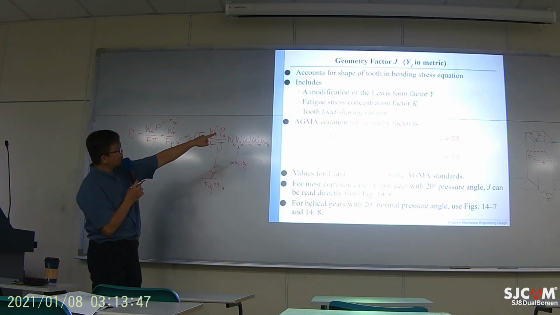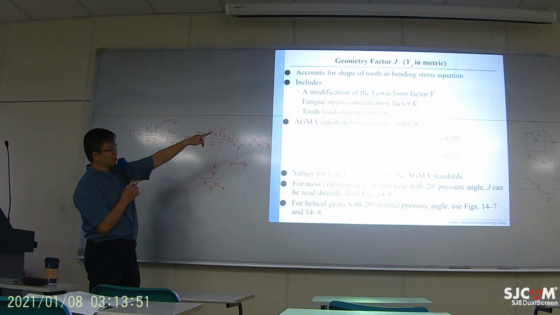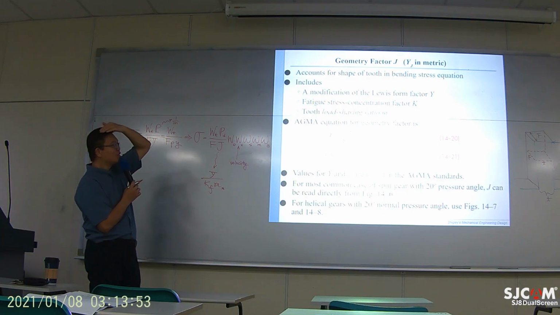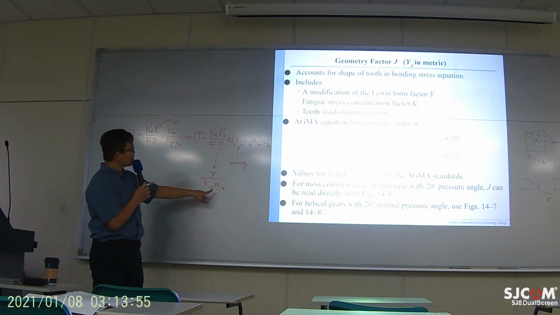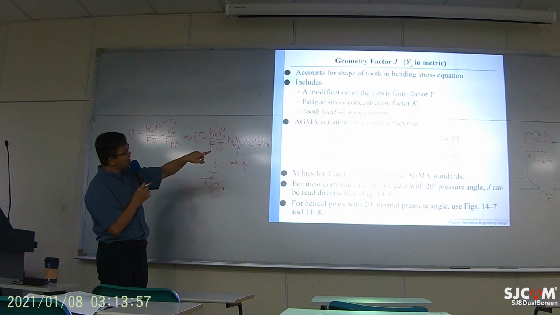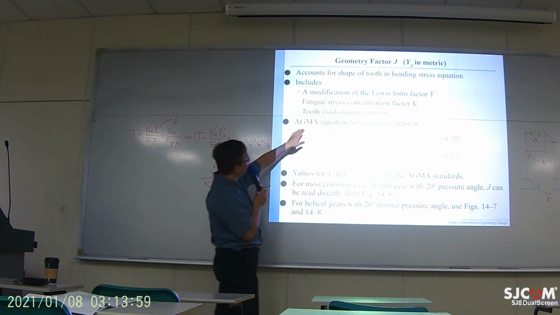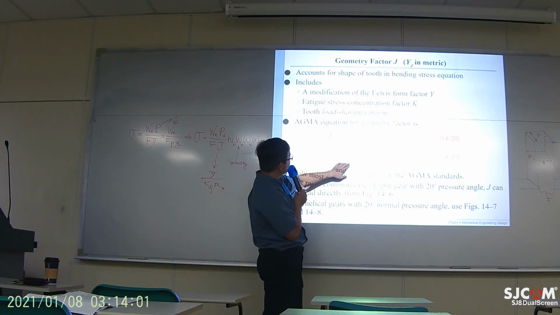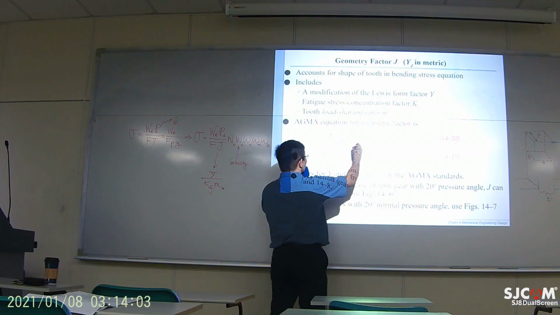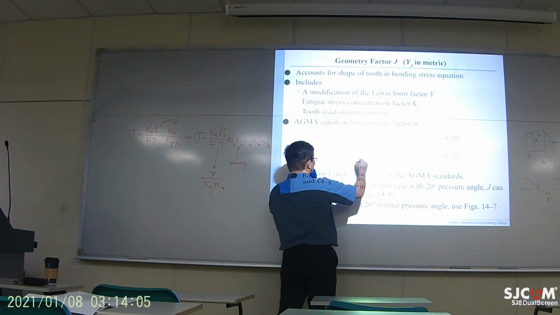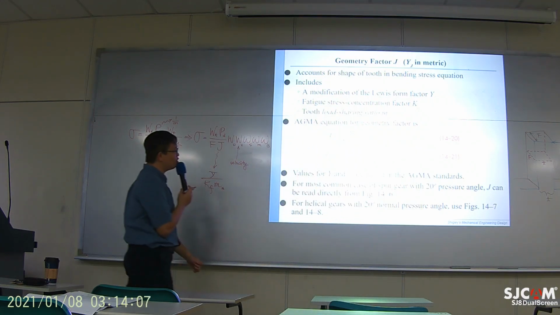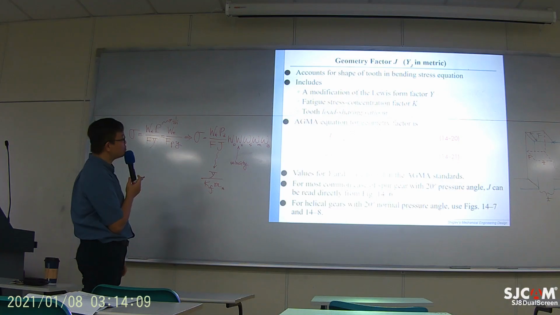Kf is fatigue, the stress concentration factor. We have learned earlier, Kf. And N is a load sharing ratio. And here you need to compute more terms. So Pn over Z. So what is Pn?